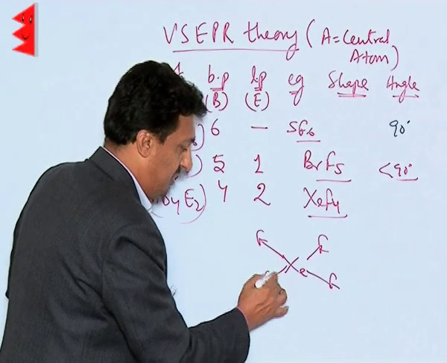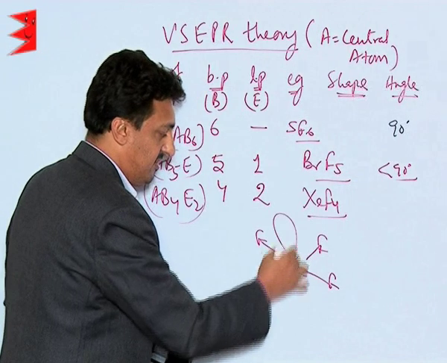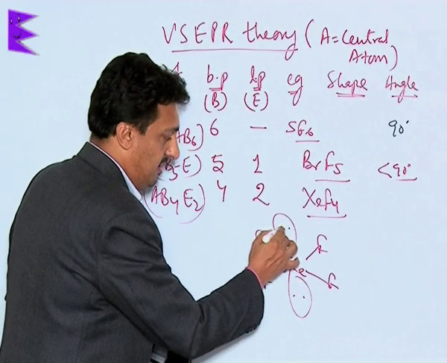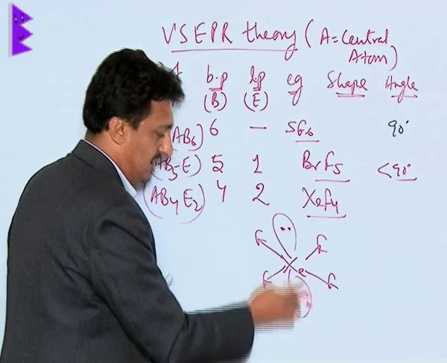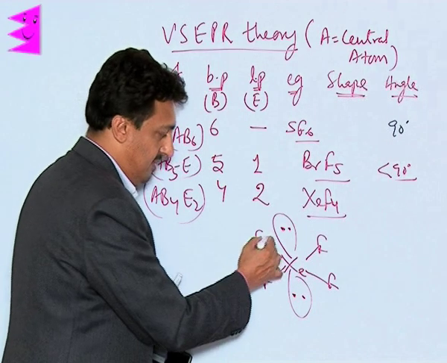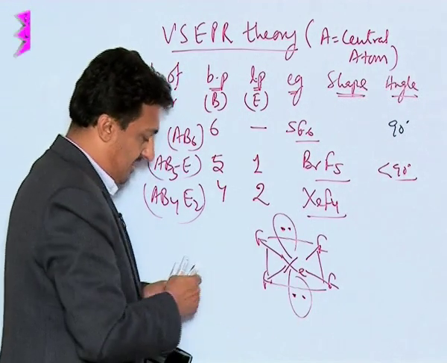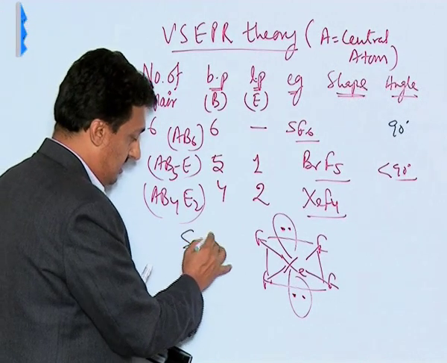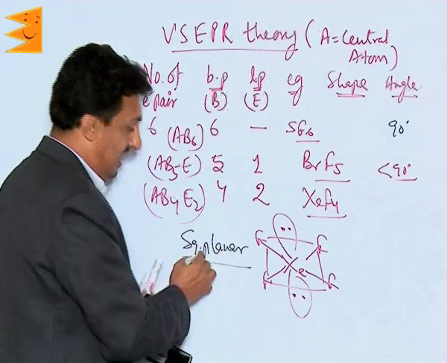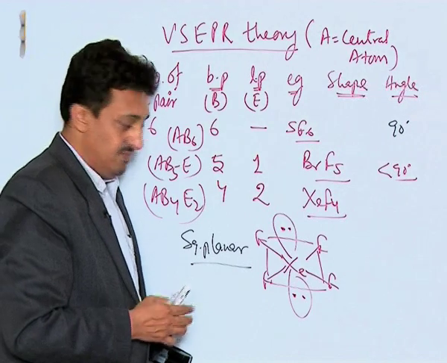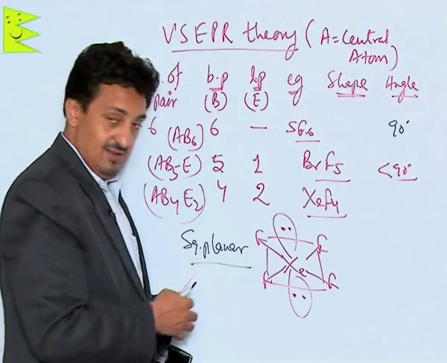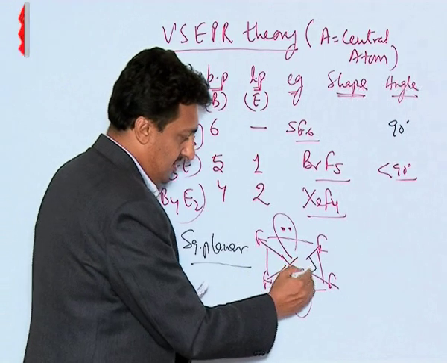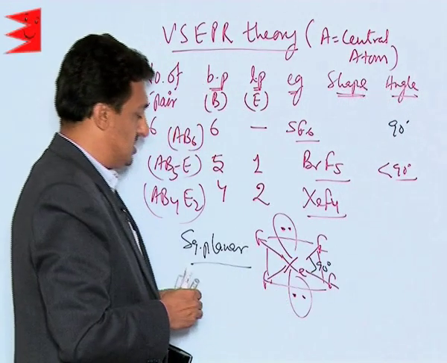It makes the 4 fluorine move to the equatorial positions, and the 2 lone pairs are kept at maximum distance apart from each other, so that lone pair repulsions are minimum. In doing so, xenon acquires only square planar shape or structure, whereas geometry remains octahedral. Angles will be exactly 90 degree. So this is the case.